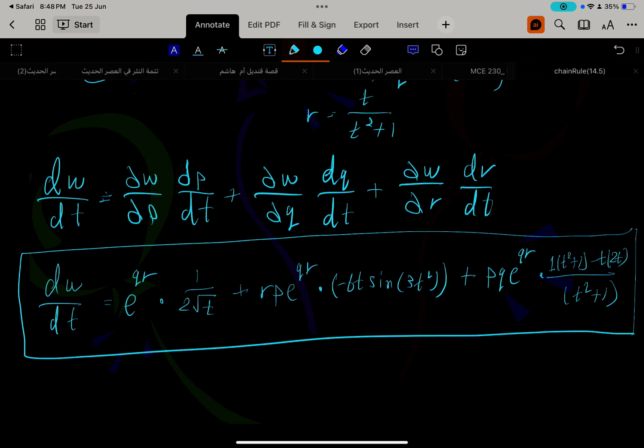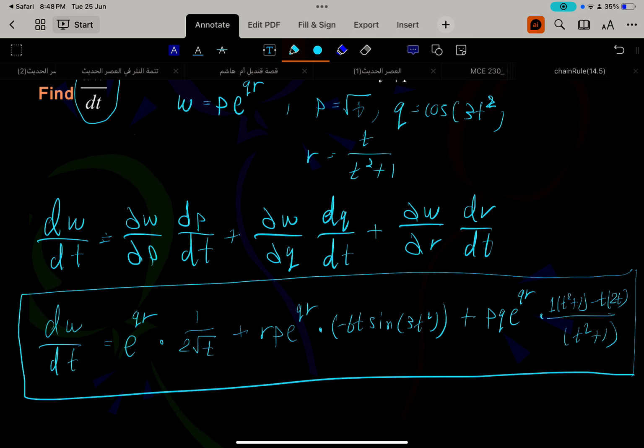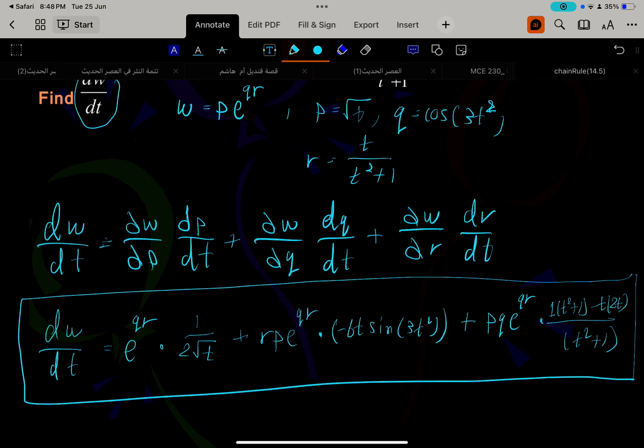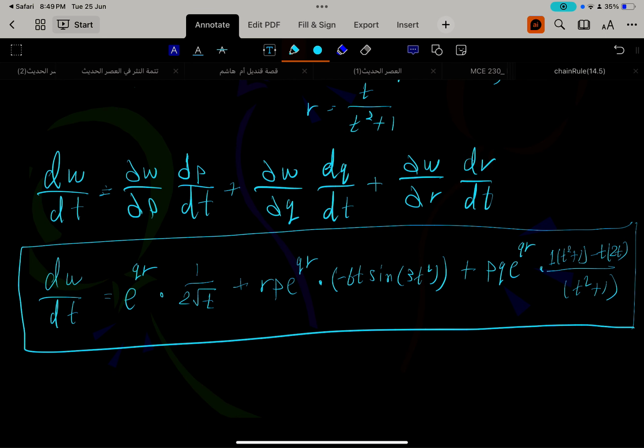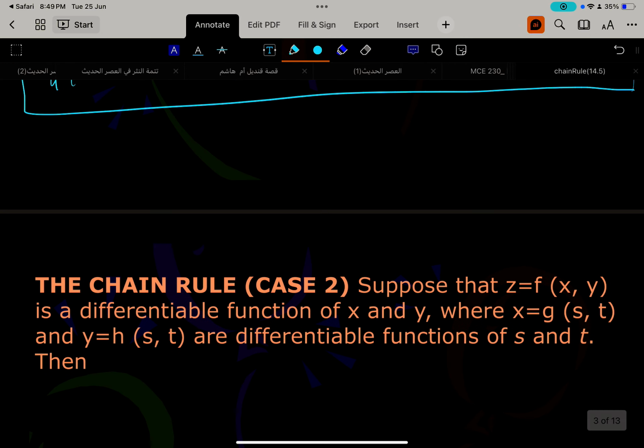If we want to simplify that, we can. And if we want to substitute the values for q, r, and p, we can do that since they are all functions of t, so we get a pure function of t. But I'm not going to do that because it's going to make my life harder, and I don't want my life to be harder.